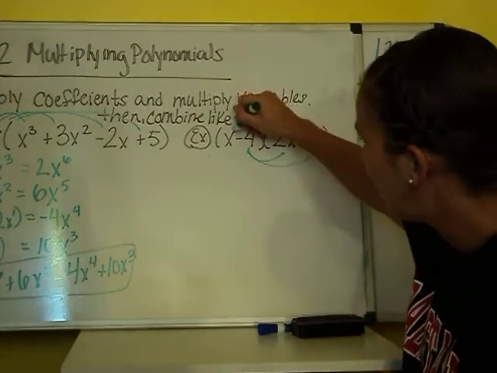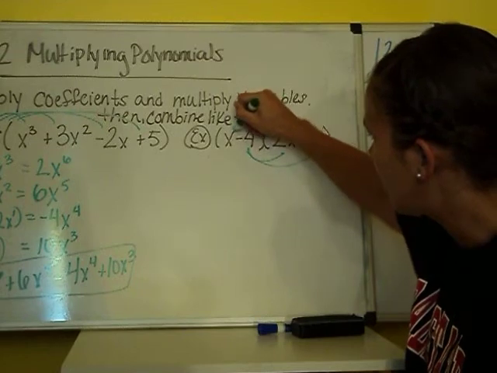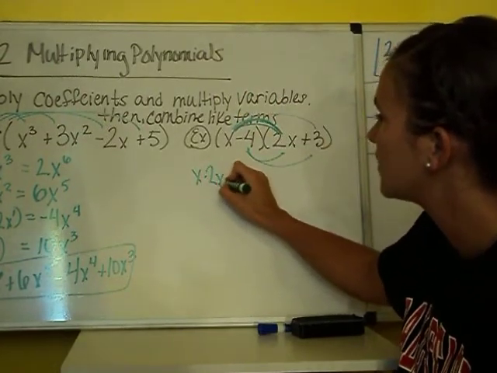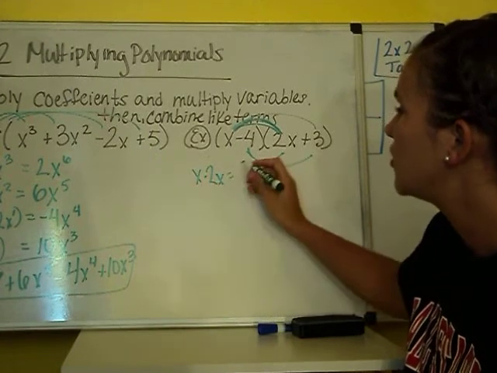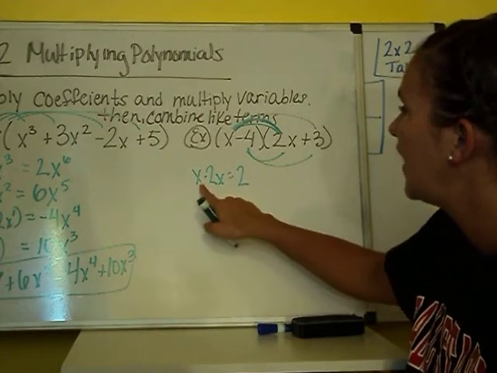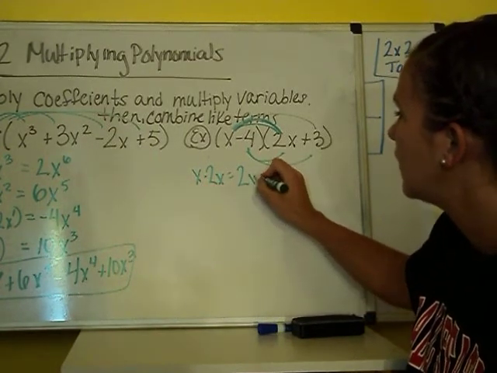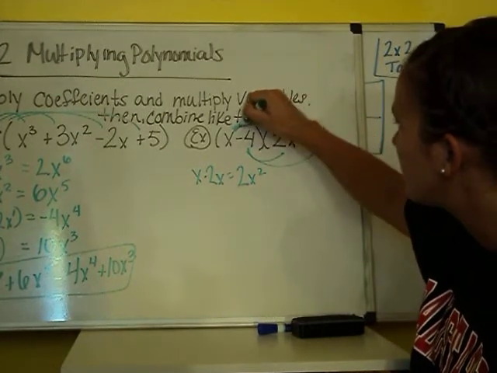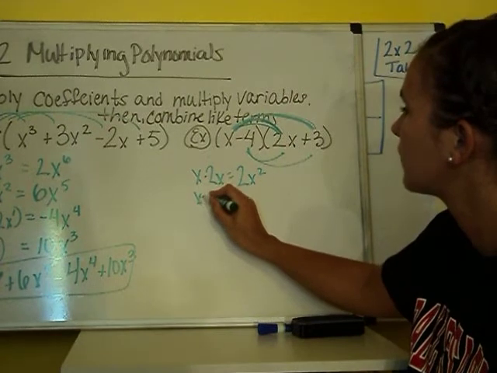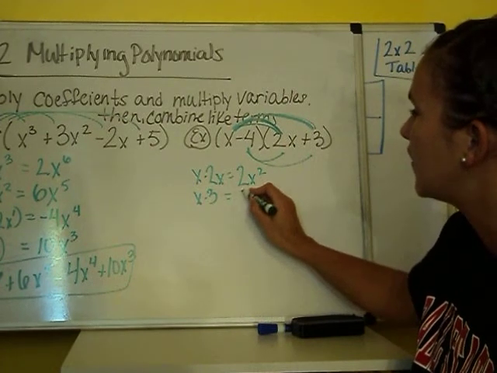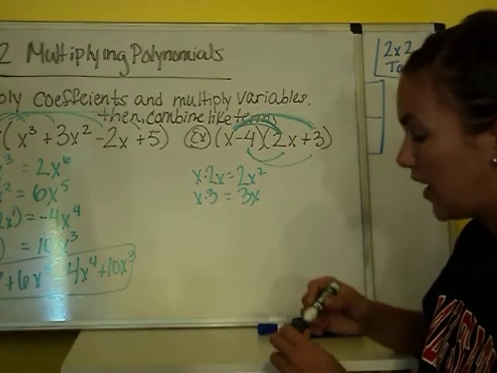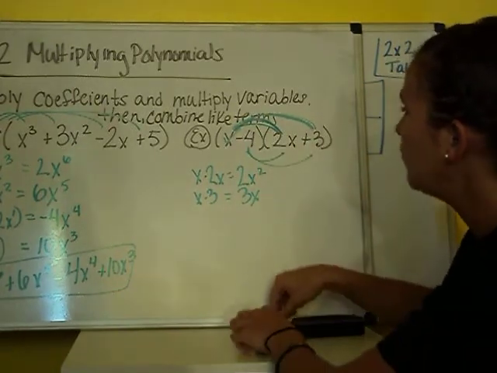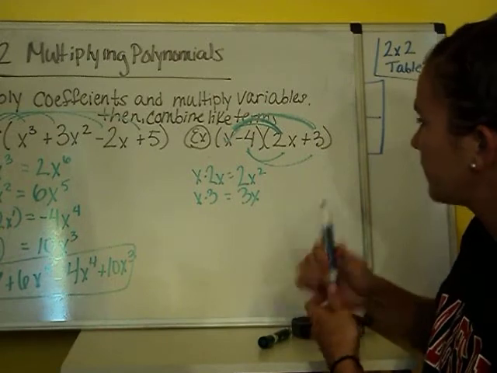So here we have x times 2x. Multiply coefficients, 2 times 1 is 2, x times x is x squared. Then we also have x times 3, which is going to give us 3x. So we are done distributing our x. Now we move on to the negative 4.